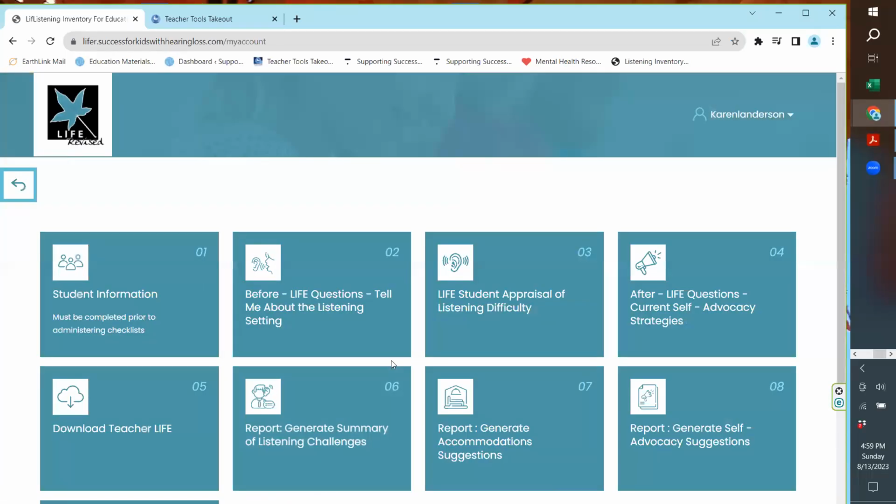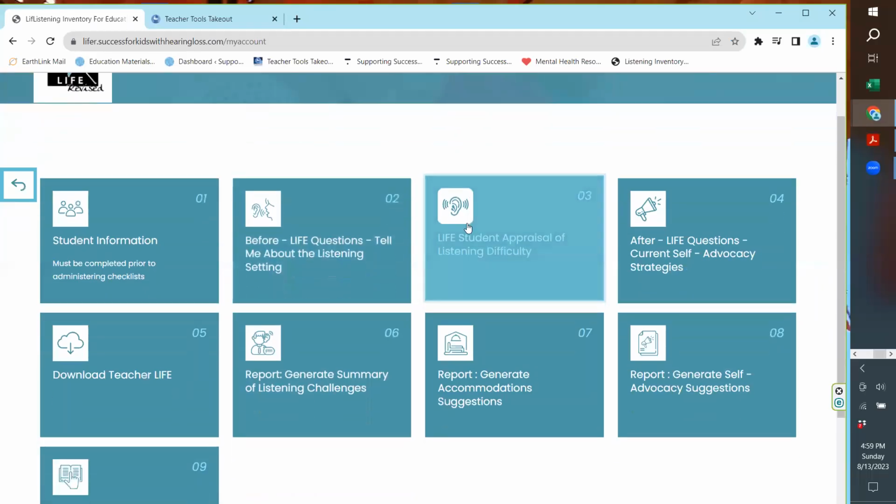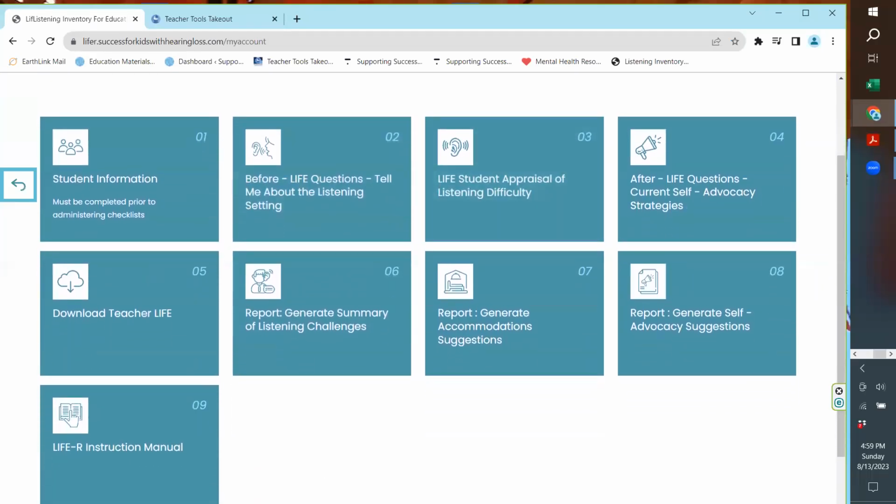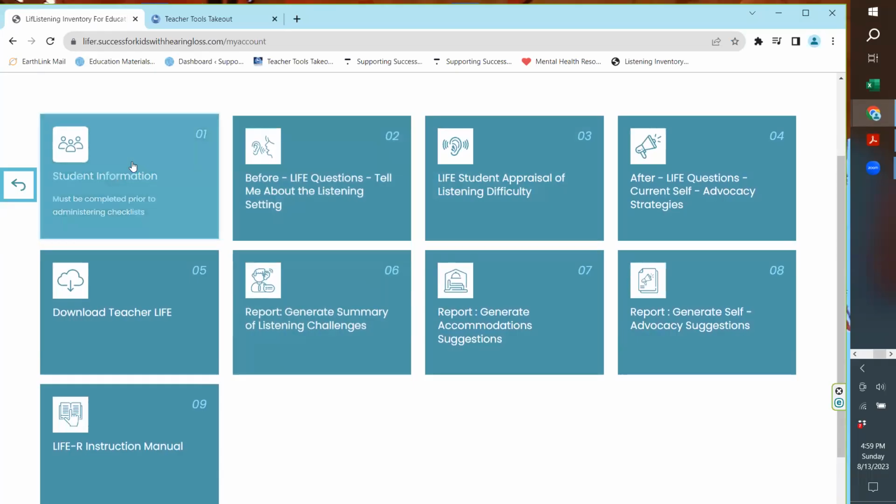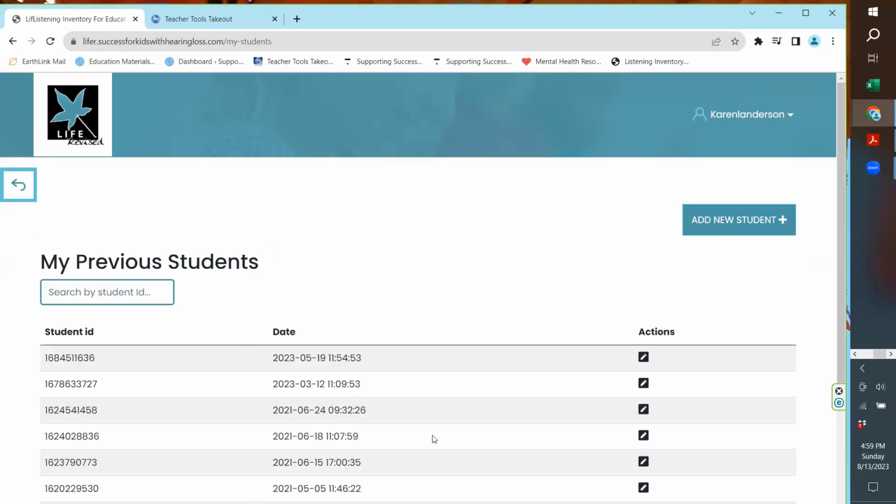So here is the dashboard in a nutshell, and we'll go over each of these things. One of the exciting things, I think, is under student information. And you need to do this for all of the kids. You can't just go ahead and do one of the checklists. You need to go in and provide demographic information.